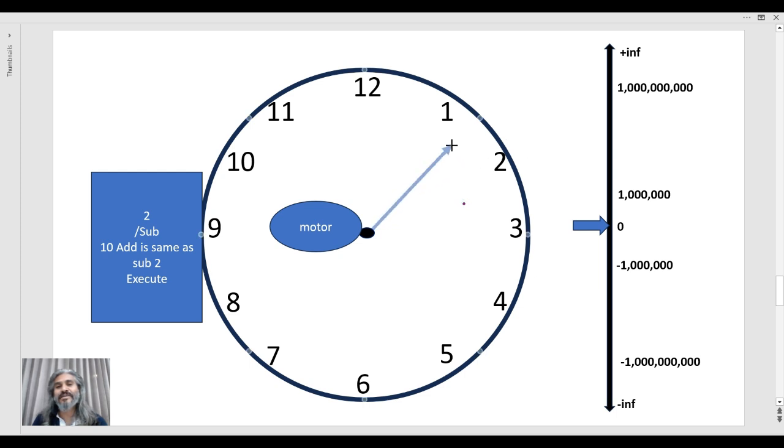Because we take a full circle, and the circle represents the size or the range of numbers that we have. So you have 2, and then anti-clockwise 2 is the same as clockwise 10. You do 10 plus 2, you are at 12. And then anti-clockwise 3 is the same as clockwise 9. You do 9 plus 3, it is 12.